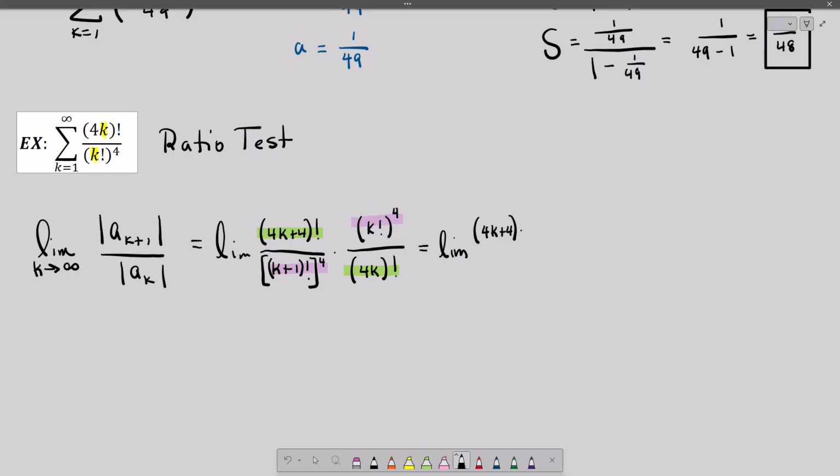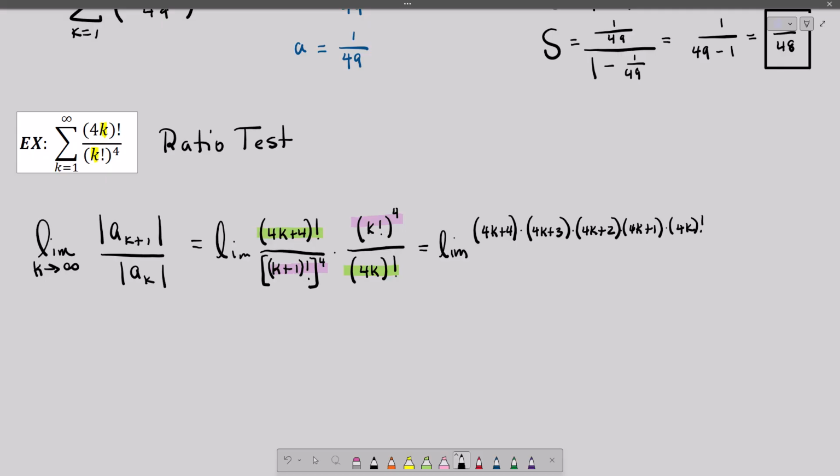We do repeated subtraction of 1. So 4k plus 4, the next factor would be 4k plus 3. The next factor would be 4k plus 2. Holy smokes, the next factor would be 4k plus 1. And then we get to 4k quantity, and we can put the factorial on that factor.